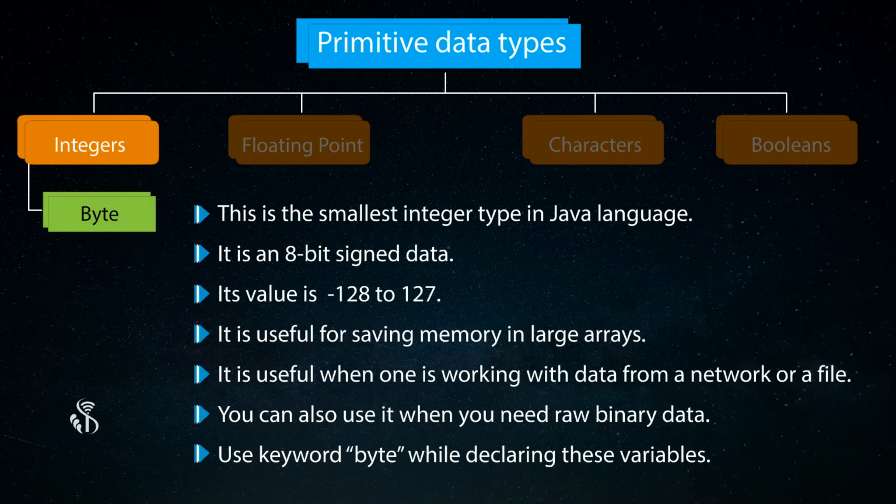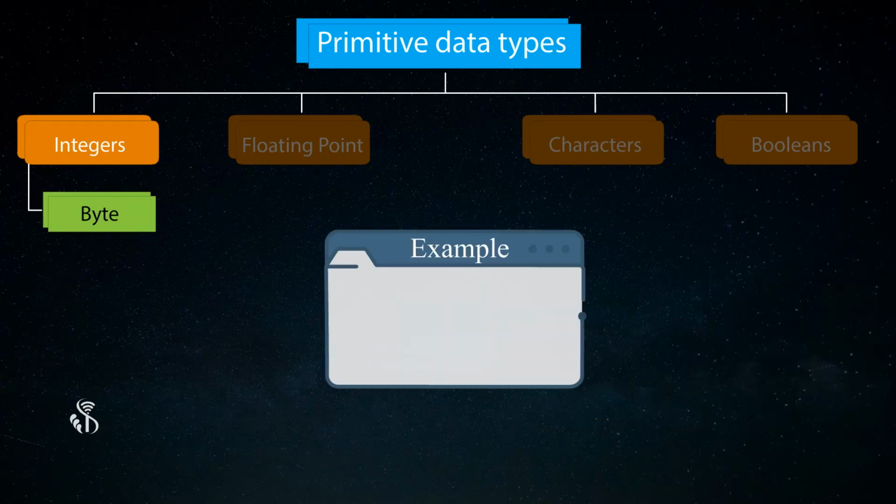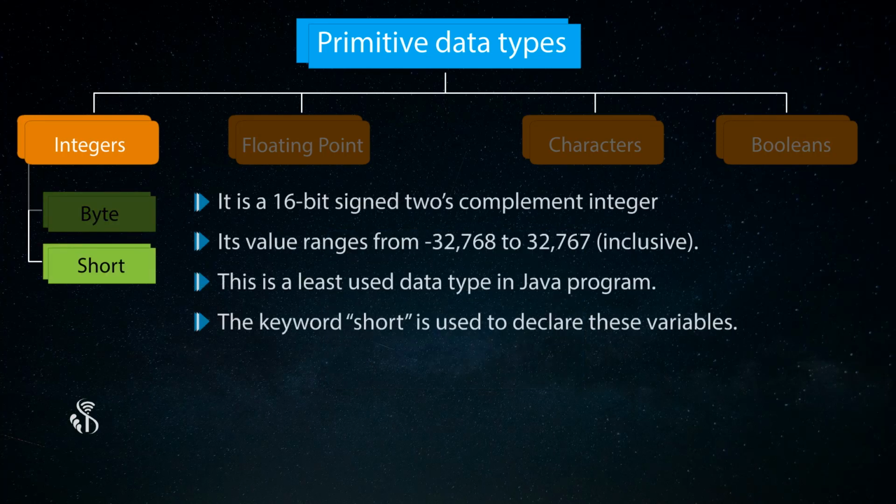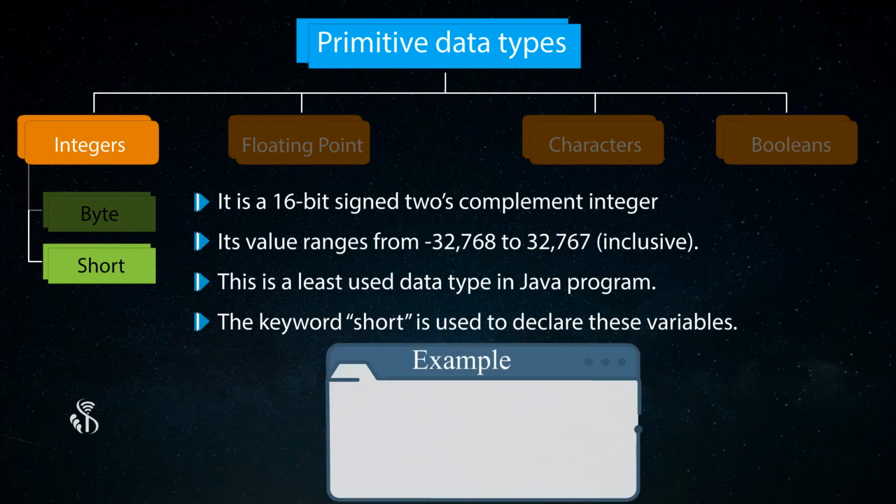Integers. Byte. Example: byte x = 110; byte y = -70;. Short. Example: short s = 30,000; short r = -60,000;.